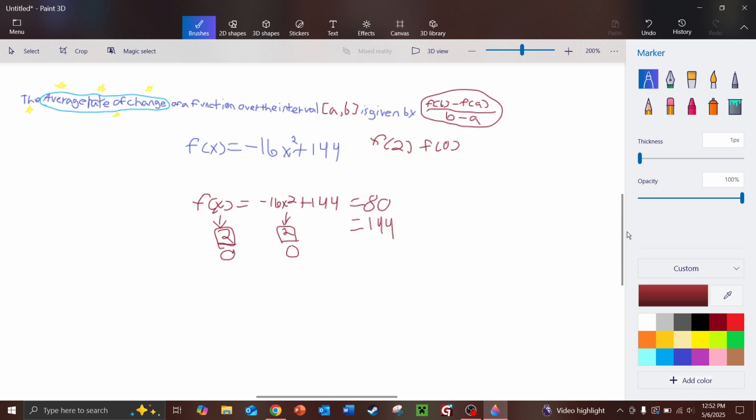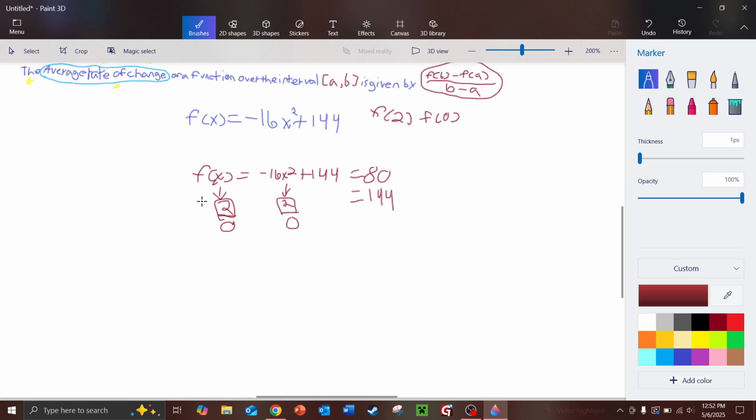F(b) minus f(a) over b minus a equals f(2) minus f(0) over 2 minus 0.